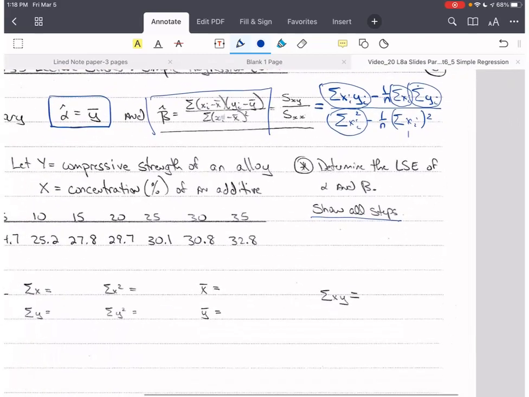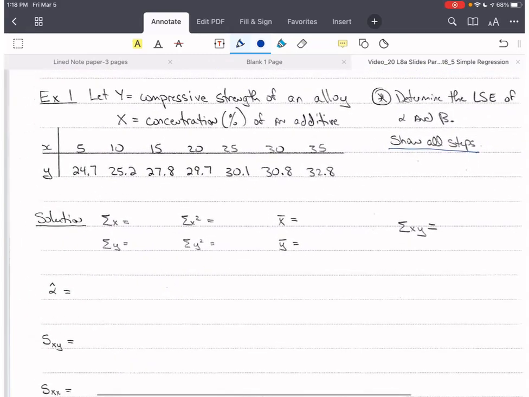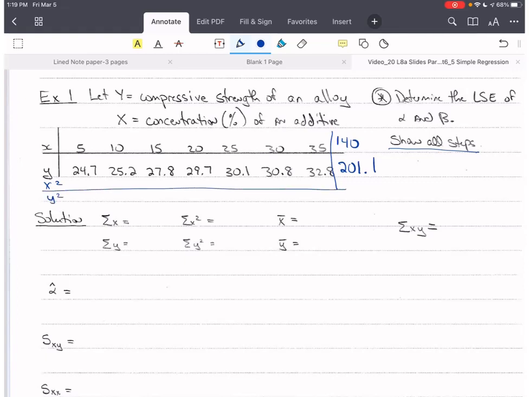You can use a table, and you could say that the sum of x's is 140 here, and the sum of y's is 201.1. If you wanted to, you could make a line for x squared and y squared, square those numbers, and then sum them up.